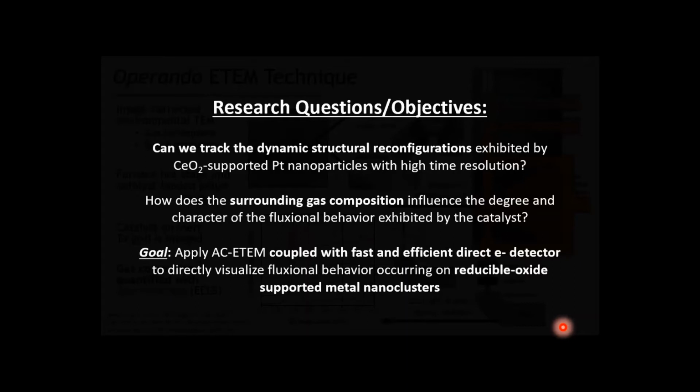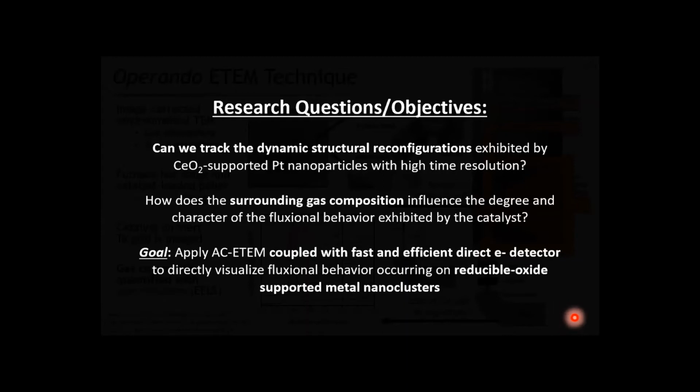That's an open question. Can we do that with high spatiotemporal resolution, high atomic resolution spatial information, and high temporal information as well? And then, getting towards the catalysis science, how does the surrounding gas atmosphere around the catalyst influence the degree of this fluxional dynamic behavior?